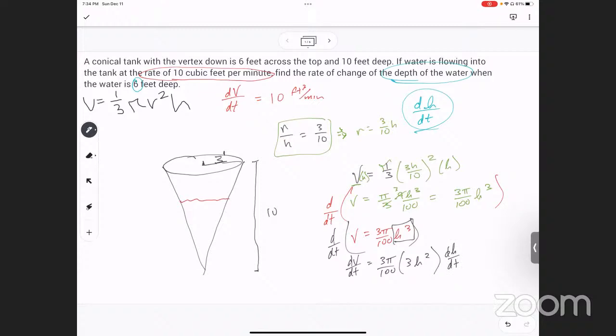You see what I'm saying? I had squared the 3 pi over 100. I should not have done that. Oh yeah, because it's a constant. Yeah, because it's a coefficient.